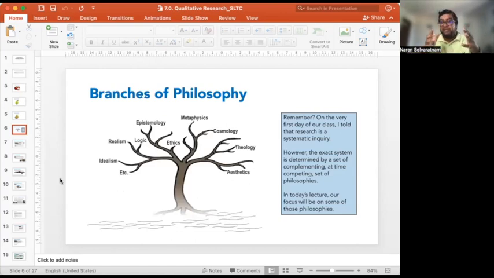Now, in our second week, we discussed the scientific method. Now remember, the scientific method is just one of the methods of finding true information. You can find if something is true or not by taking things through the scientific method.